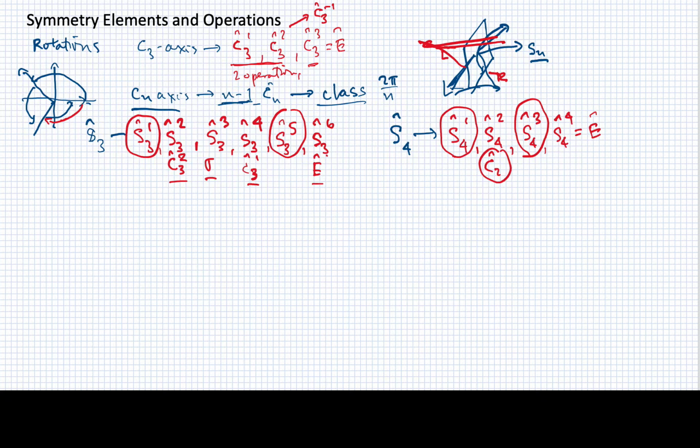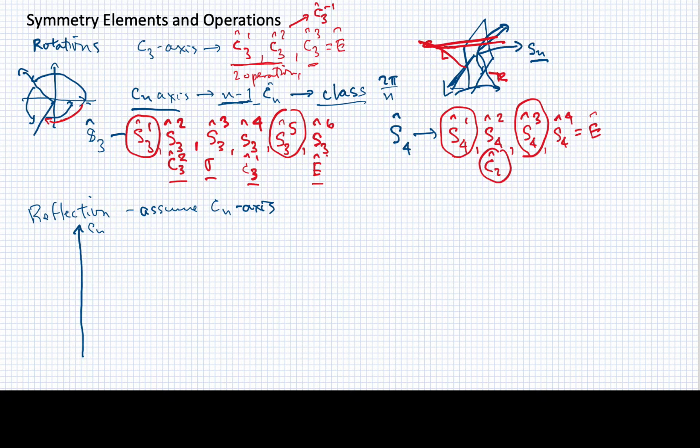Now let's take a look at reflection. In the case of reflection, oftentimes we're not going to have reflection unless we also have a principal axis of rotation. So I'm going to assume that we have a principal axis. I'll call it C sub n. And that principal axis I'm going to orient like this.